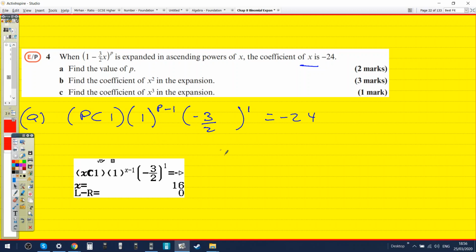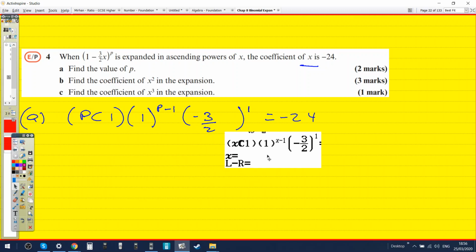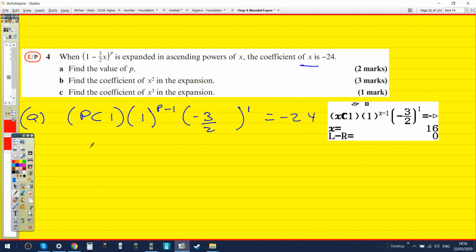How would you do part B? Sub P, so 16 choose 2, and then brackets 1 to the power of 14, and then minus 3 over 2x to the power of 2.